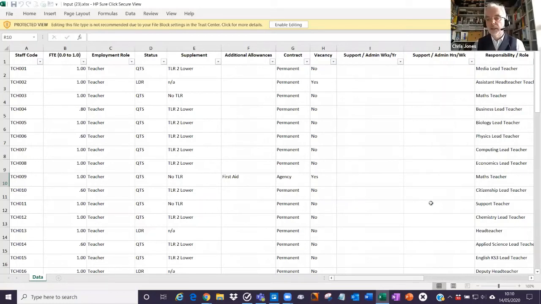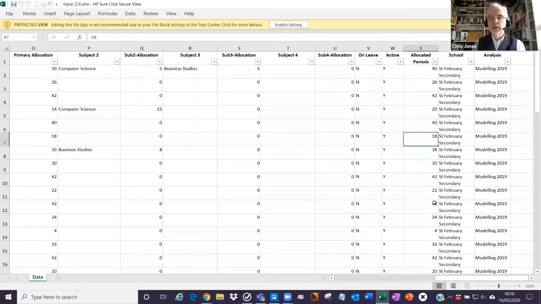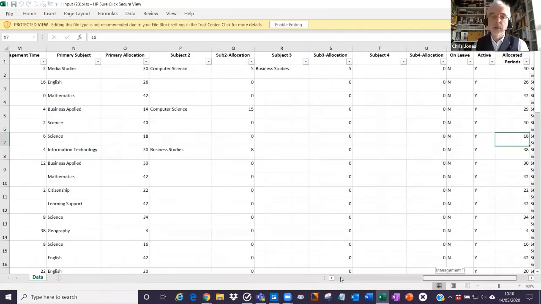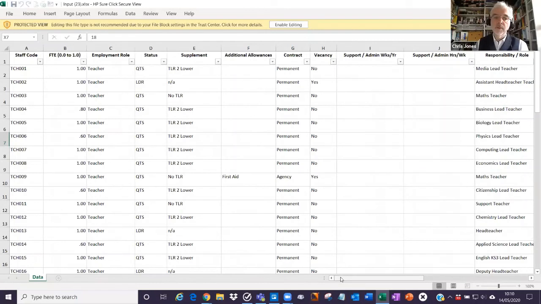So that would be the number of periods that you would put into a timetable package, but it's as simple as that. Now while I'm here, it might be worth saying that people have been asking the question, could you import that data? So if I was to change any of this, could you bring it back? Well, the way that live data set works is that it is simply cut and paste.